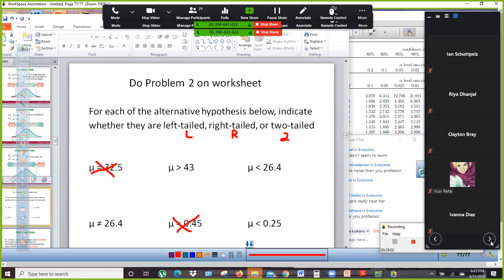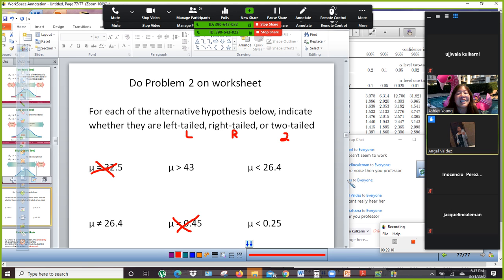Are the ones that are equal to also two-tailed? Like was that part of that drawing that you did? Yeah, the thing about it is that the equals part is always the null hypothesis. That's a good question. So the null hypothesis is always equals.